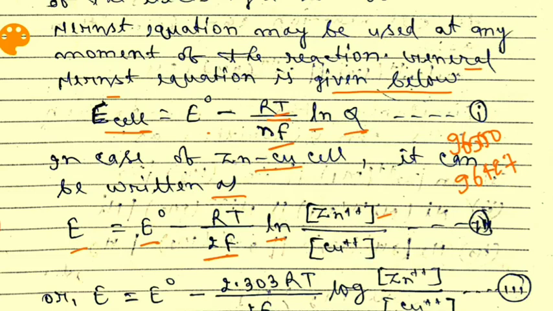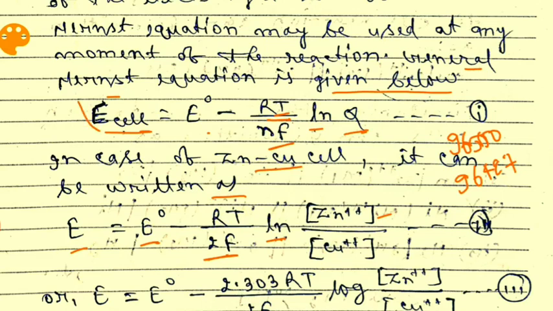Or you can write E is equal to E naught, meaning electrode potential of the cell is equal to standard electrode potential minus 2.303 RT by 2F log on base 10. Now ln is converted into log on base 10, and when e is converted into 10, we have to multiply by 2.303. Why is 2.303 written here?